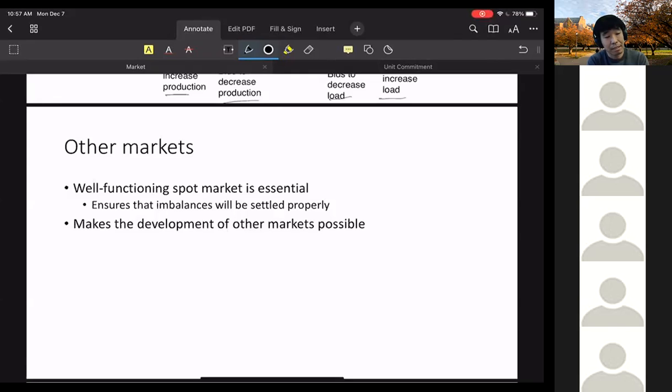Let's say you're a generator and you're just in the spot market. Are there some things you would be willing to do differently than what the spot market tells you to do? Should the spot market be the only market we have? Should we just operate hour to hour with this market?